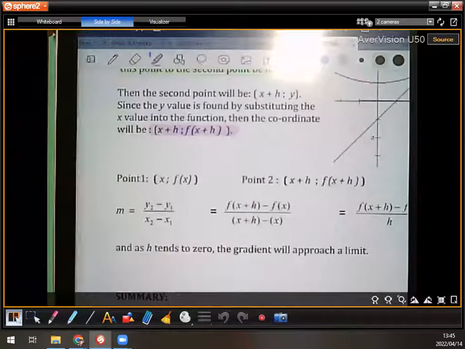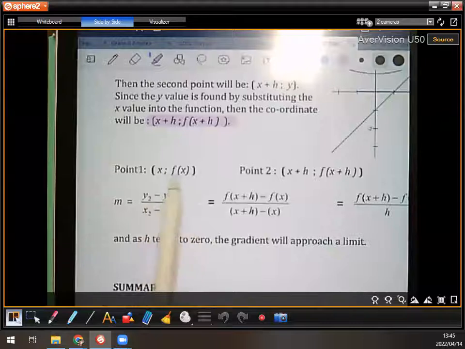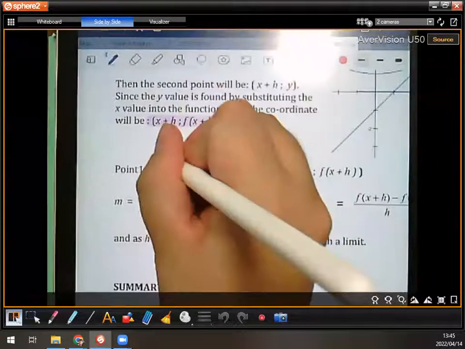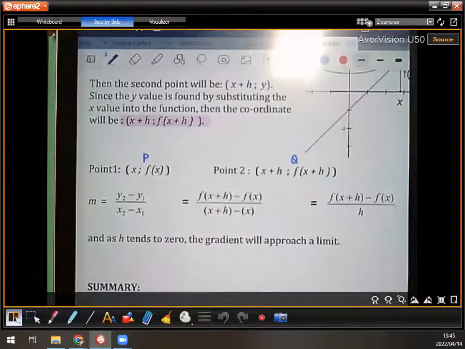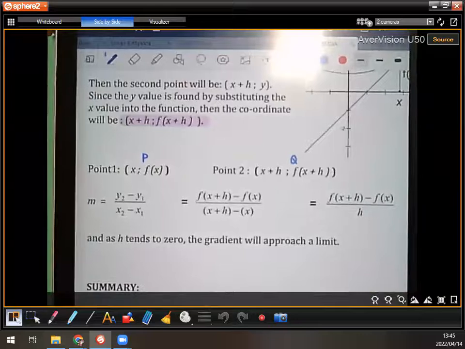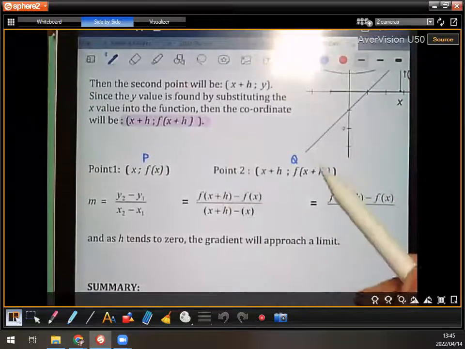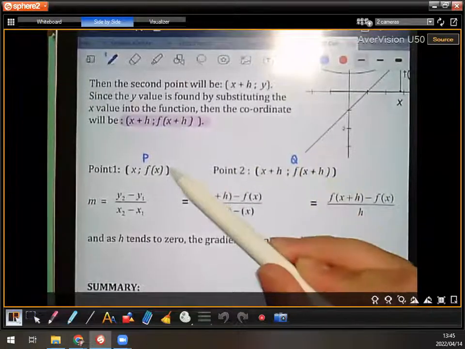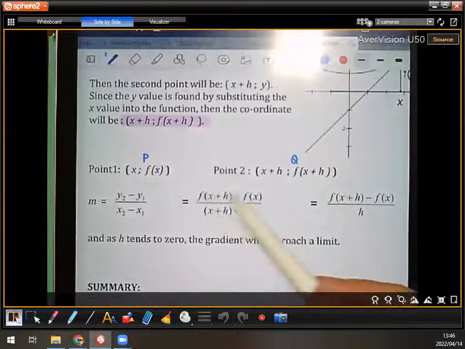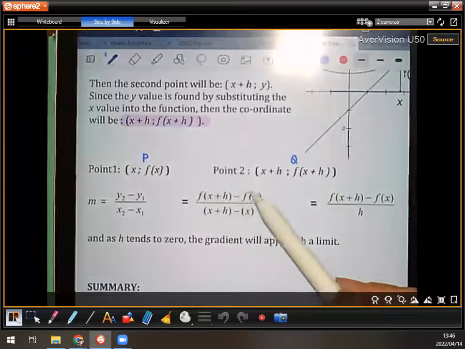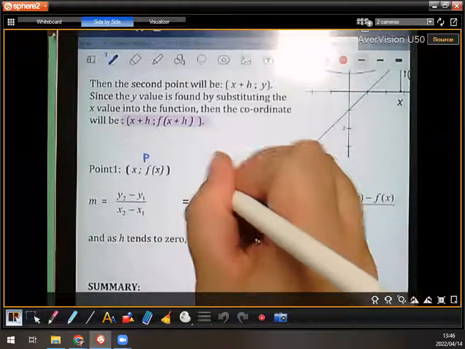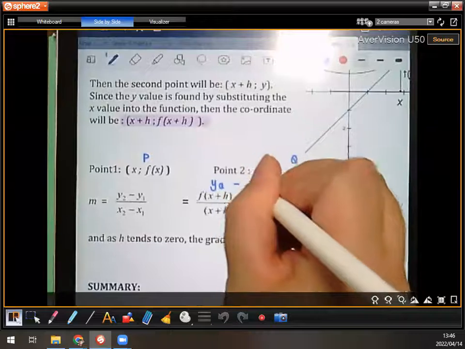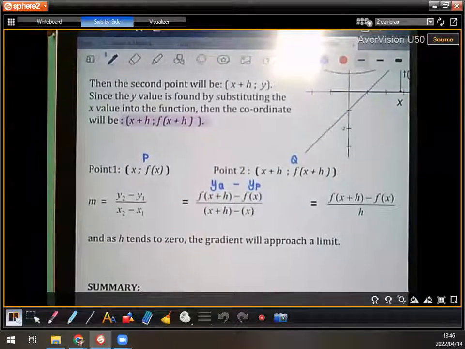Now the formula, they're saying point 1 is that. That's P, right? We're almost there, guys. This is point P. This is point Q. All right, those are the coordinates. How do you find the gradient between 2 points? Change in y over change in x. Okay, so they are taking this y value minus that y value. Do you see that that's what's happening at the top there? Change in y over change in x. So they're taking the y value of Q minus the y value of P. That's what they're doing for their change in y.